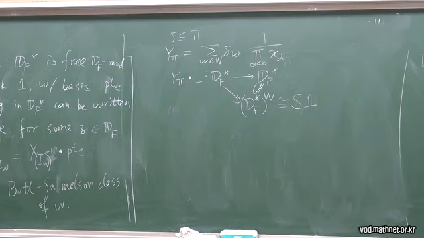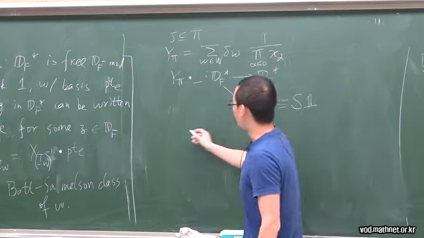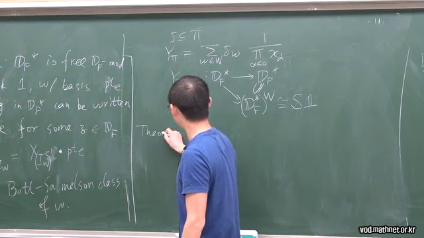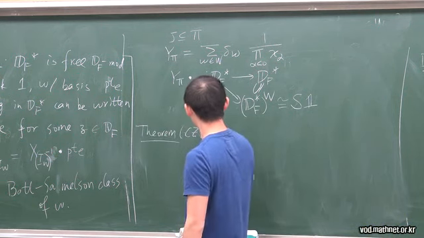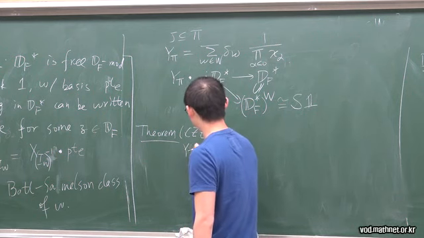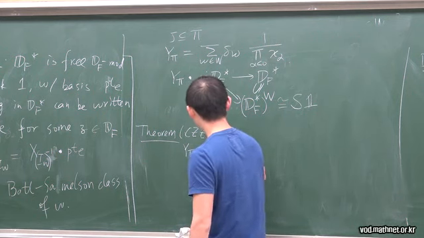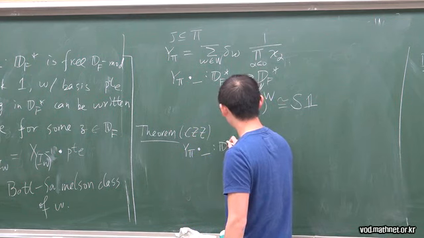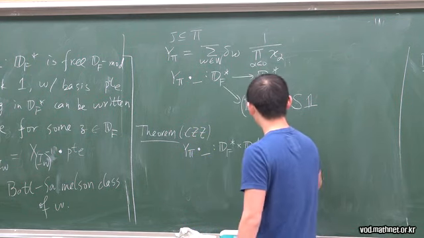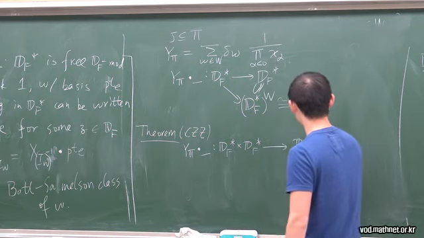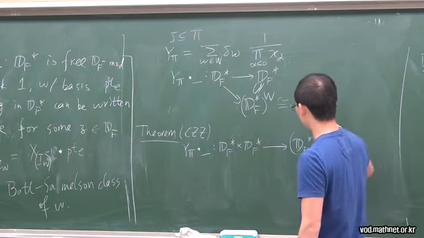Okay? So this is the y pi. Now this y pi actually gives you the concrete duality. This map y pi from D F star to D F star, W invariant.